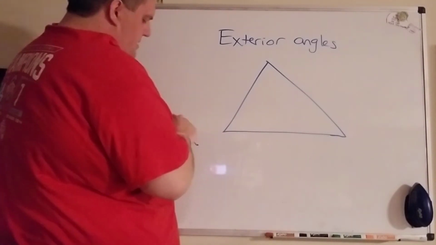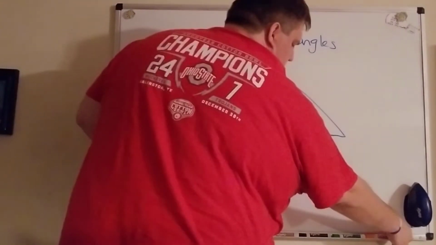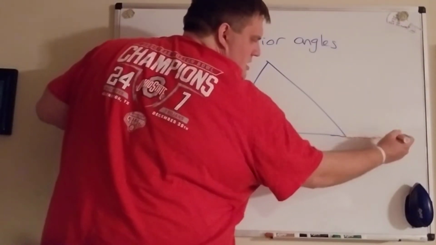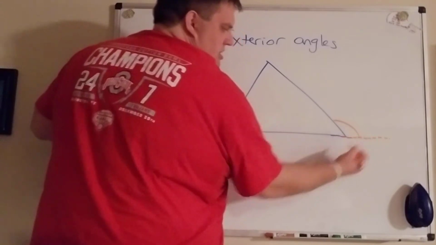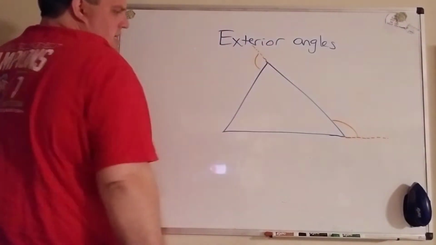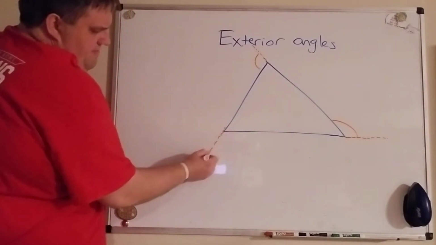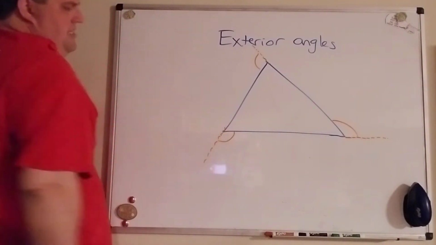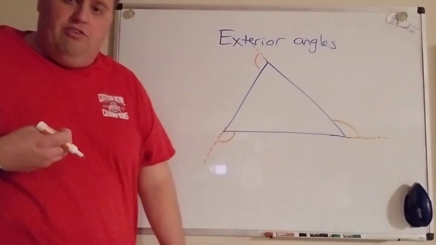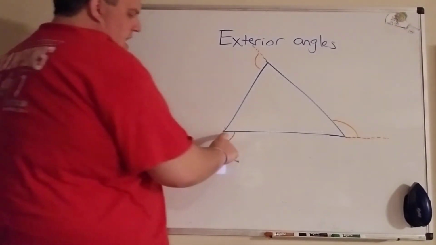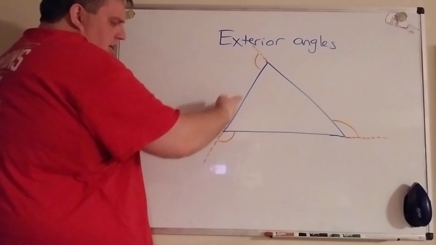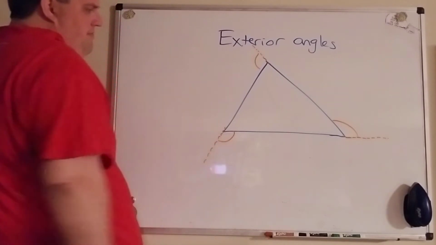Exterior is what happens when you just would have kept this line going. So this angle right here is an exterior angle. This angle right here is exterior. This angle right here is exterior. So if I just keep this line going in any direction, the angle that it creates, if this was still a straight line, is an exterior angle.